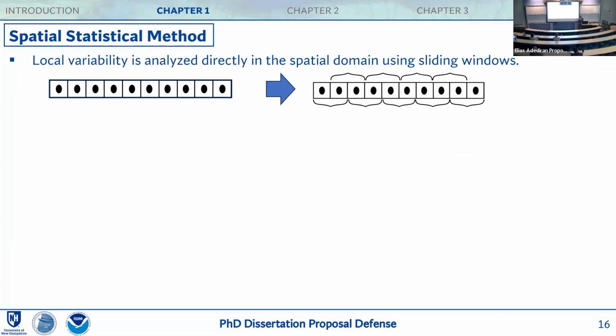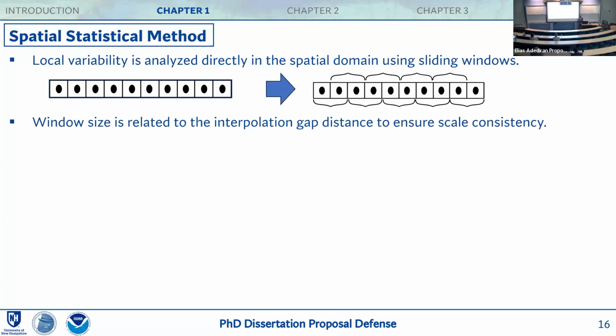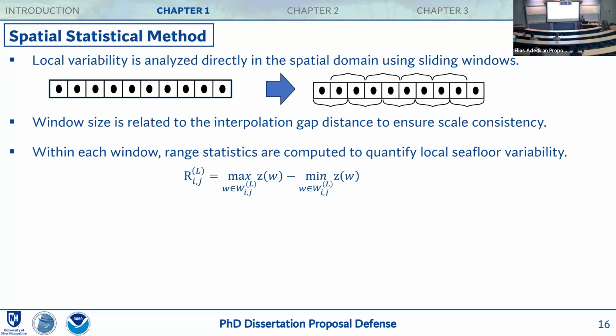Now, the second method that we are exploring is the spatial statistical method, which tries to estimate the interpolation uncertainty directly in the spatial domain using sliding windows. And the size of the window is related to the interpolation gap, the interpolation distance, in order to ensure scale consistency. Within each window, we compute the range statistics in order to quantify the local seafloor variability.